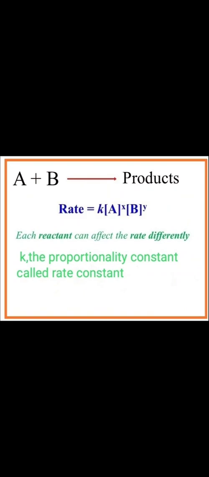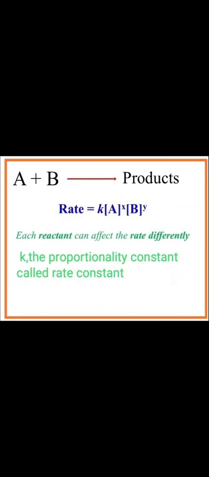See, A reacts with B to give product. So according to the rate law, the rate is equal to K, concentration of A raised to X, into concentration of B raised to Y. In this reaction, each reactant, that is A and B, affects the rate of reaction differently.